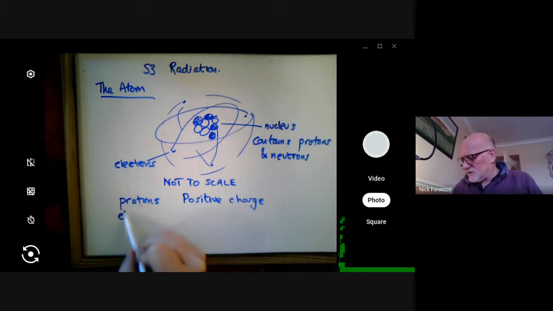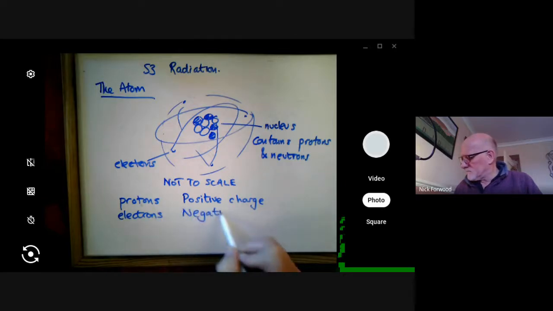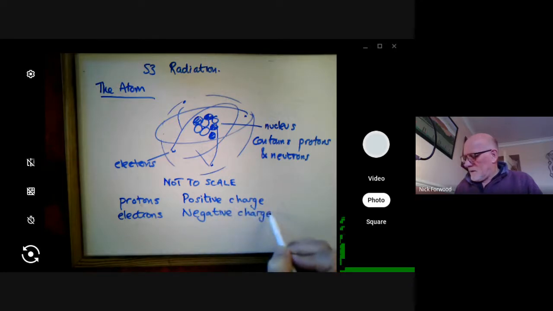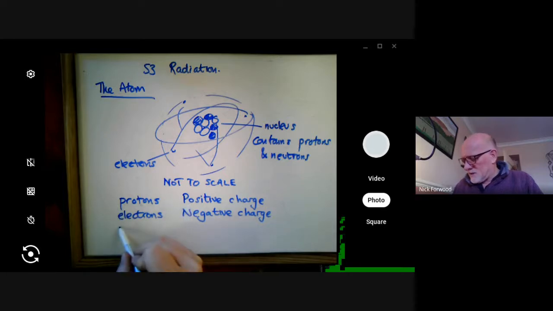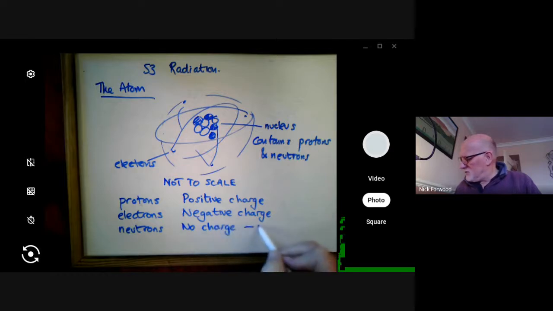Electrons, which are whizzing around the outside, have a negative charge. P for positive. And lastly, our neutrons have no charge at all. And they're otherwise known as neutral.